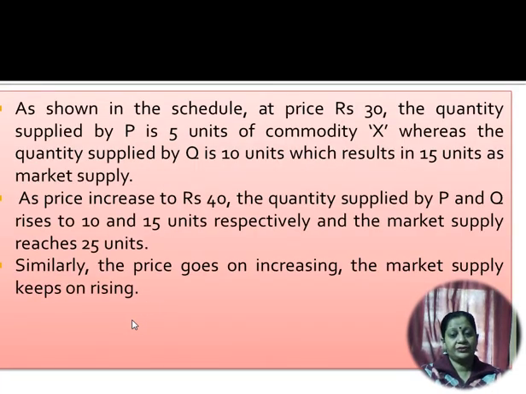As shown in the schedule, at price rupees 30, the quantity supplied by P is 5 units of a commodity X, whereas the quantity supplied by Q is 10 units, which results in 15 units as market supply.